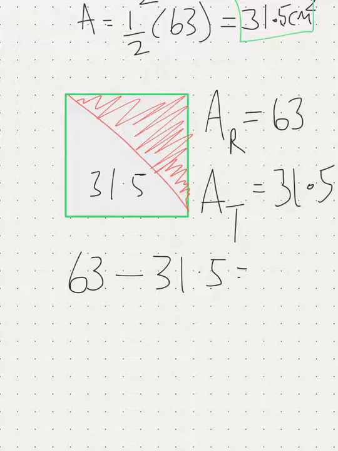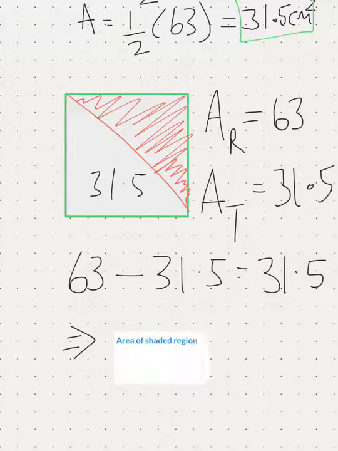So 63 minus 31.5 becomes 31.5. So therefore, the area of the shaded region, here's how I present my answer. Area of shaded region equals 31.5 centimetres. And because it's an area, I'll manually add on a squared sign.